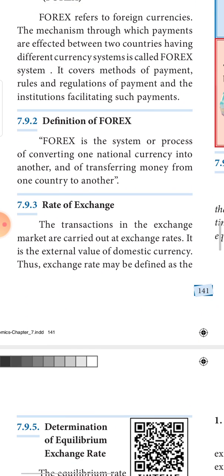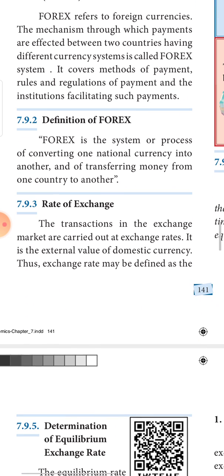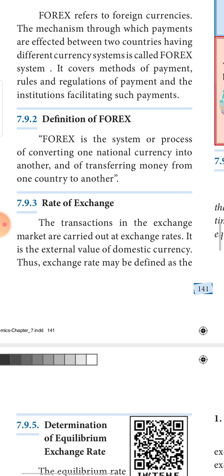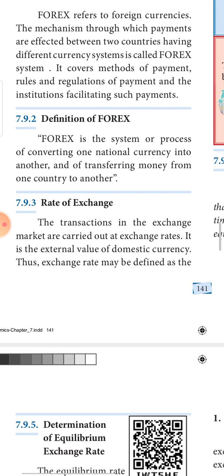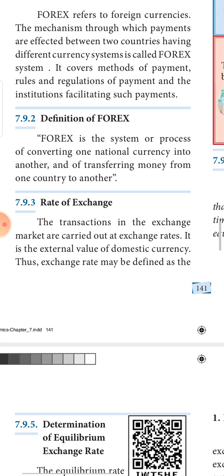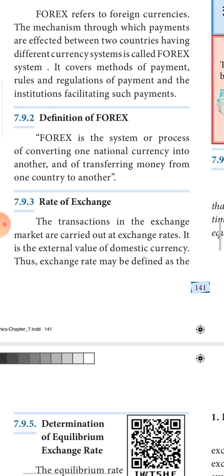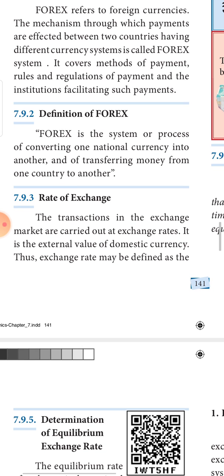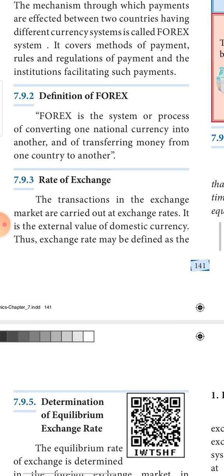The definition: forex is a system or process of converting one national currency into another, or of transferring money from one country to another. So, forex is a system where one country's currency is transferred equivalent to another country's currency. This process of money transfer, you call it foreign exchange or forex.